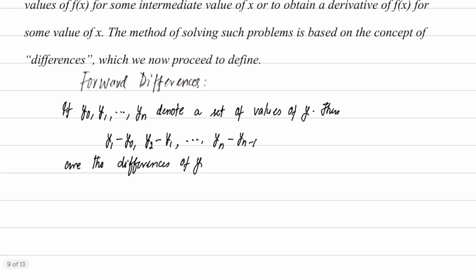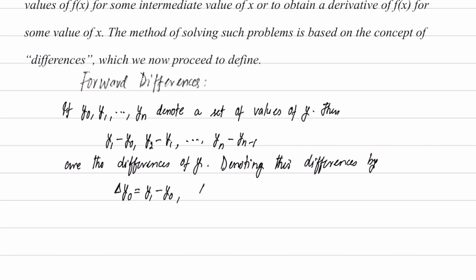Now denoting these differences by delta, delta y0 is defined as y1 minus y0, the first difference; delta y1 is defined as y2 minus y1, and so on; and the last difference is delta yn minus 1, defined as yn minus yn minus 1.